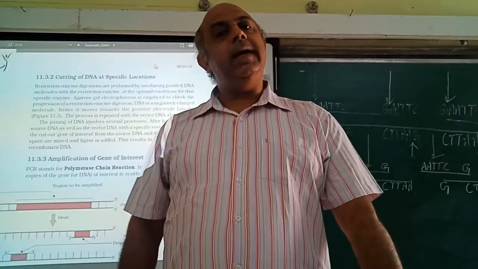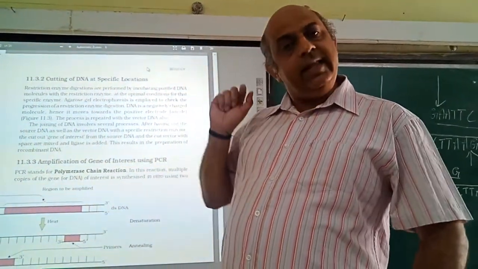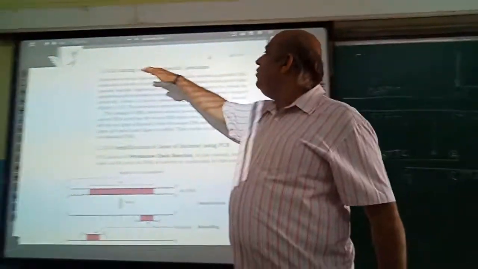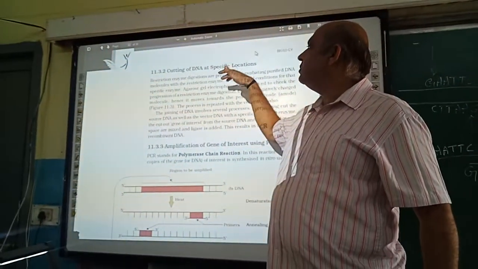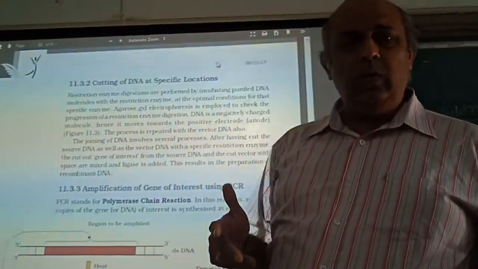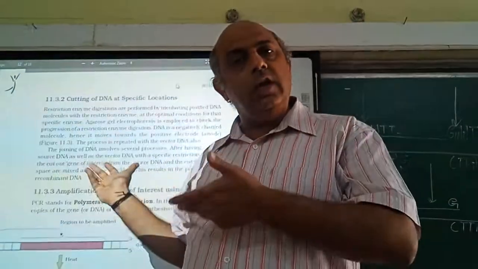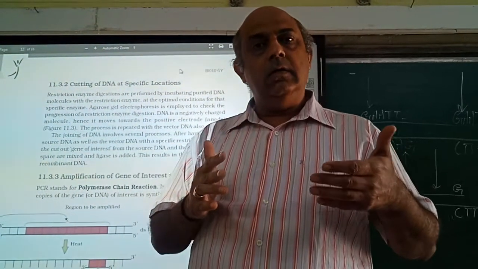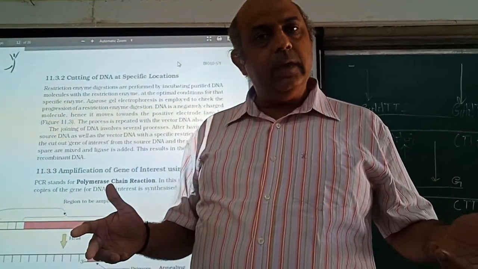Students, it is my lecture number 11, and in this lecture we are going to study first cutting of DNA at specific locations. You already know this is not a new thing for you people. We have done isolation of the DNA.